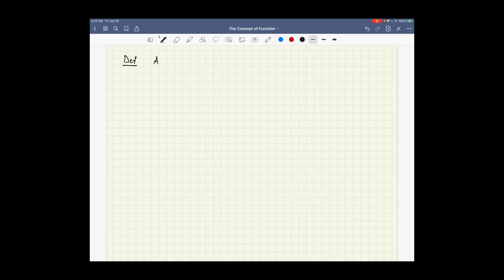All right, a relation from X to Y is called a function if there's a very simple condition satisfied.